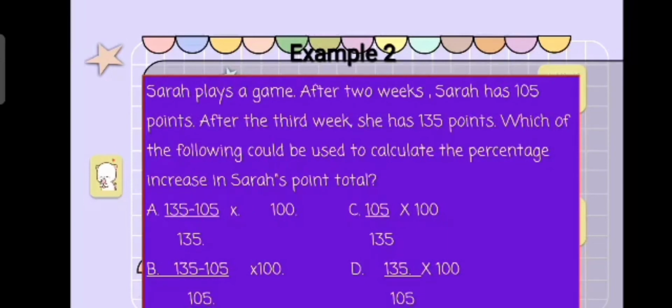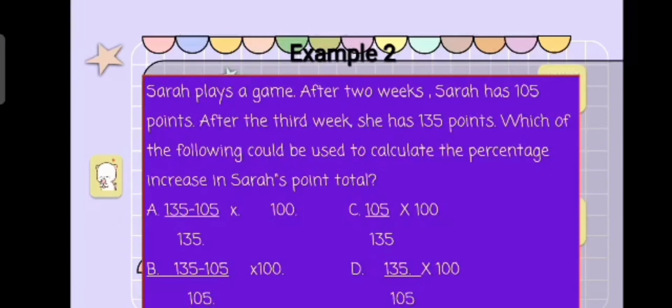So here, we have the given, which is 105 points after 2 weeks, 135 points in the 3rd week. So the question is, which of the following could be used to calculate the percentage increase in Sarah's point total? So here are the given choices.